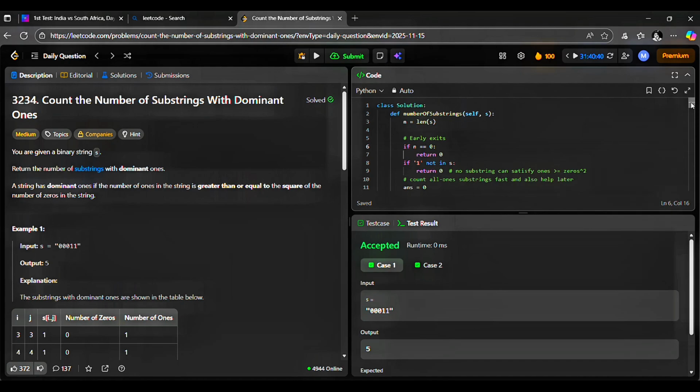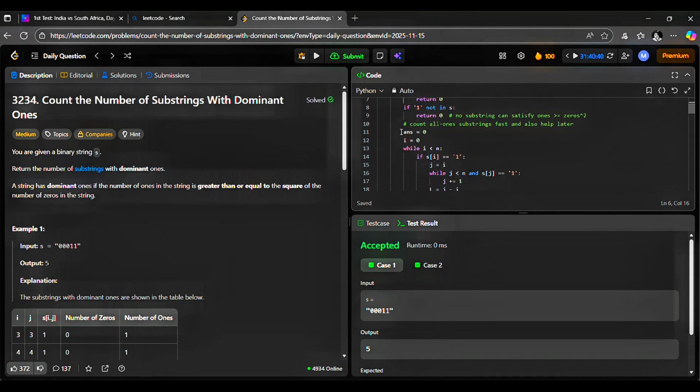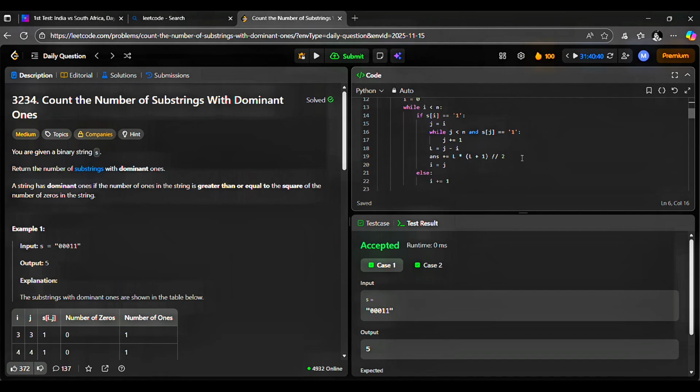Okay, so coming to the next point, that is, count all substrings that contain only ones. So we have written ans = 0, i = 0, while i < n: if s[i] == '1', j = i, while j < n and s[j] == '1', j += 1. Then ans += l*(l+1)//2, i = j, and else i += 1.